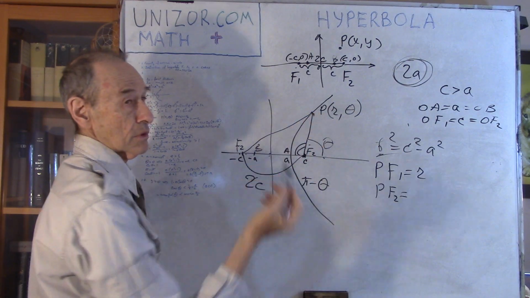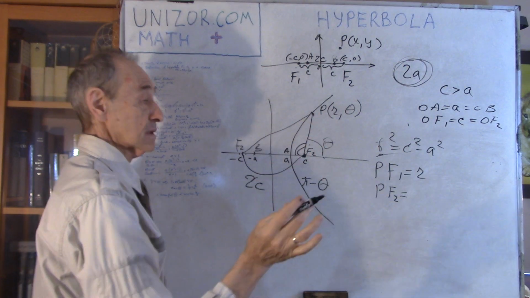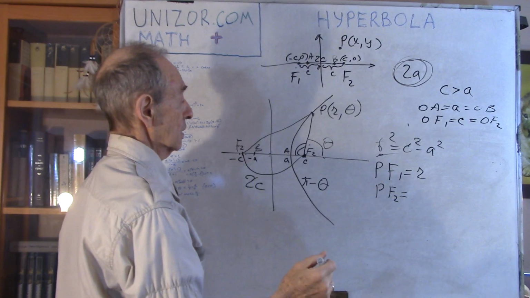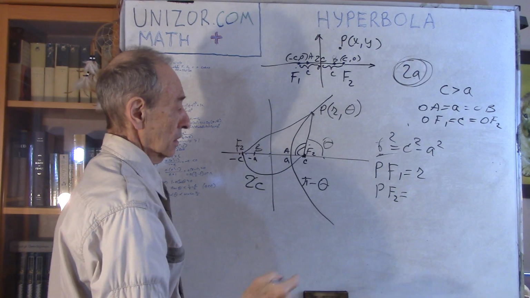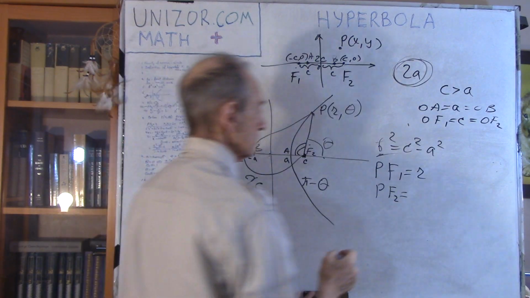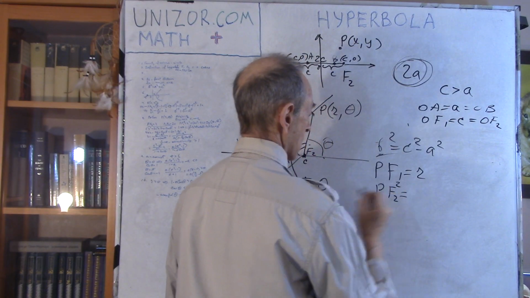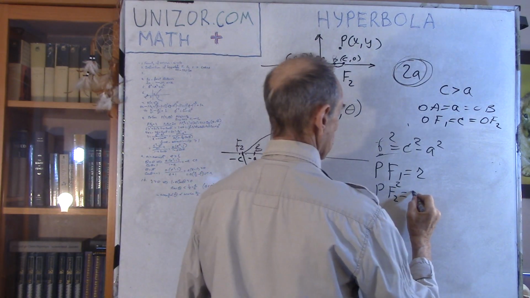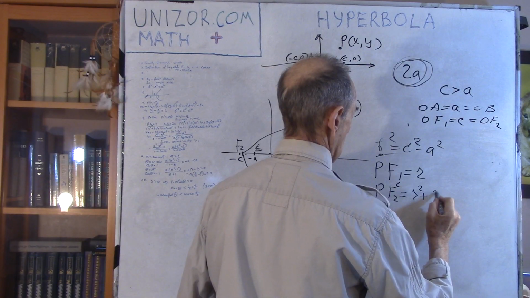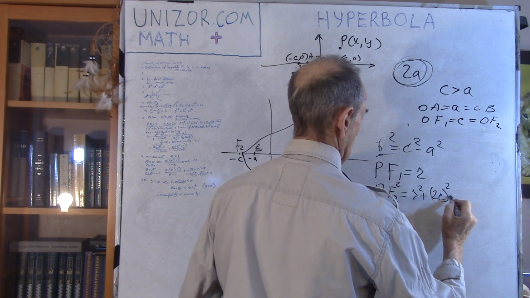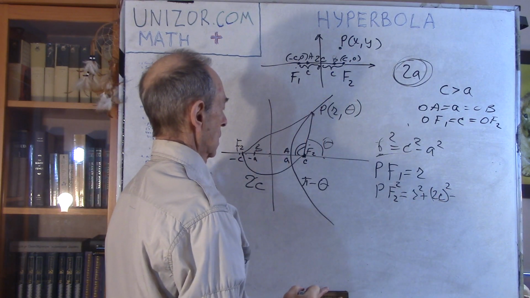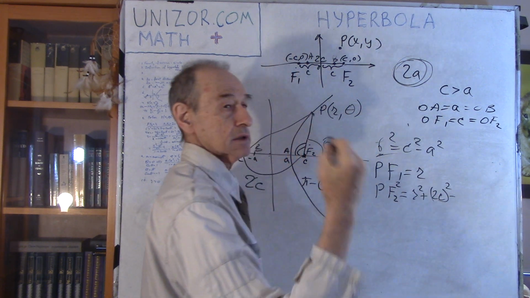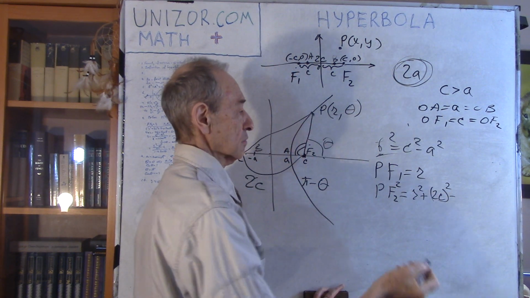So there is a law of cosine which we can use, exactly the same as, by the way, in case of ellipse. So the square of the opposite side would be equal to the sum of the squares minus 2 times one side times another side times cosine between them.